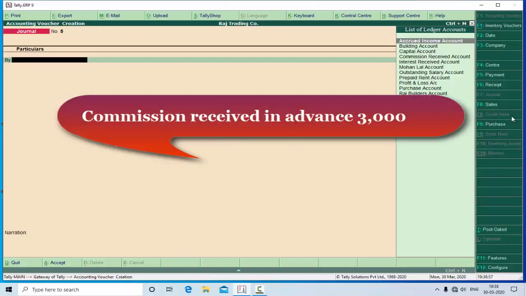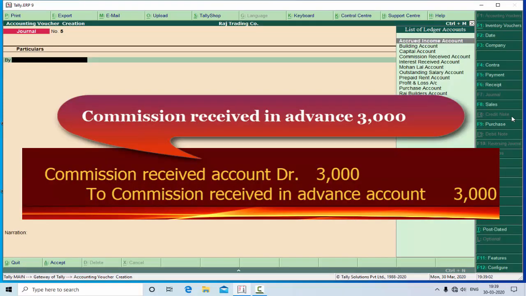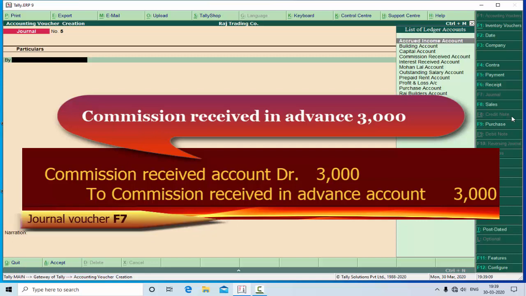commission received in advance. Like rent paid, expense paid in advance, similarly our business can receive income in advance. When income is received in advance, that entry is also recorded in the journal voucher.